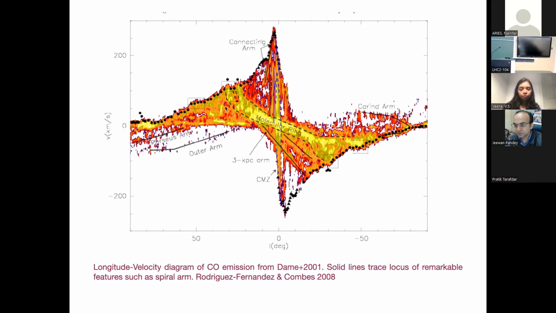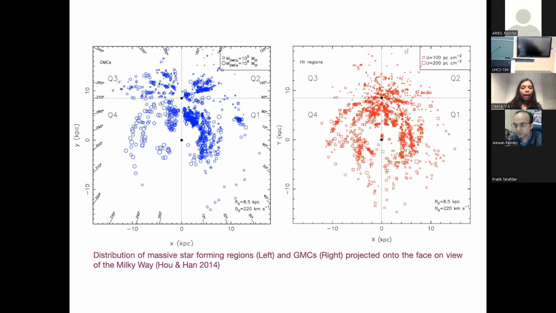of the Milky Way. So then another thing people typically use is to understand the distance information from star forming regions and molecular clouds.